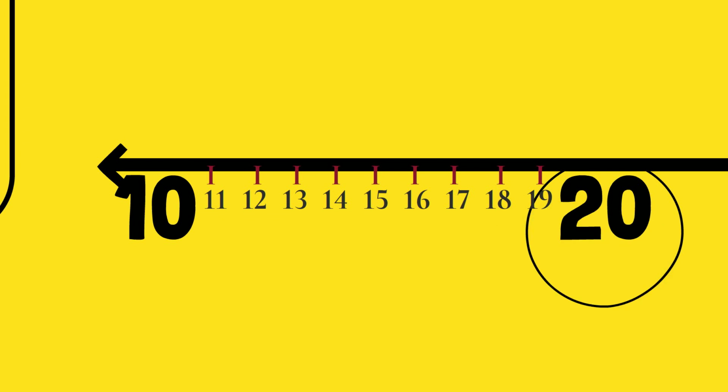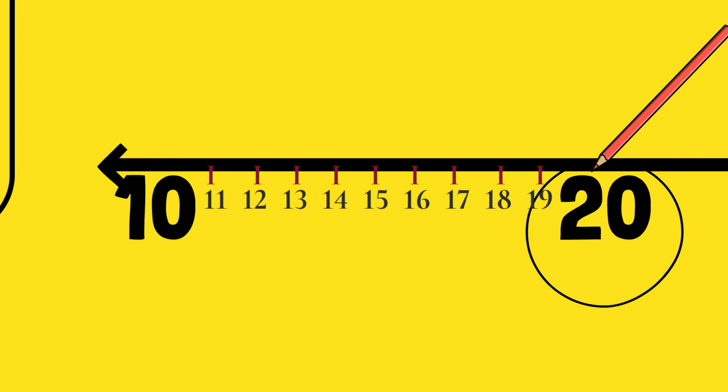Now we are going to subtract 8 from 20. So keep your pencil on number 20 and start jumping backward. In subtraction, we jump to the left side.